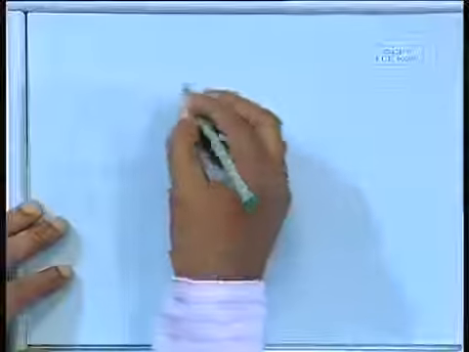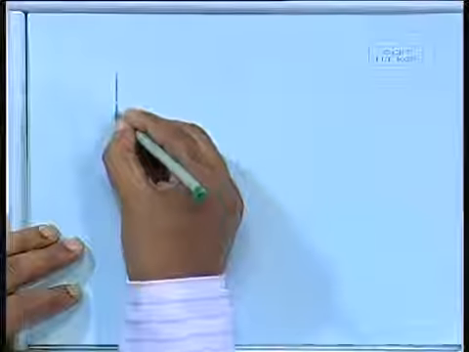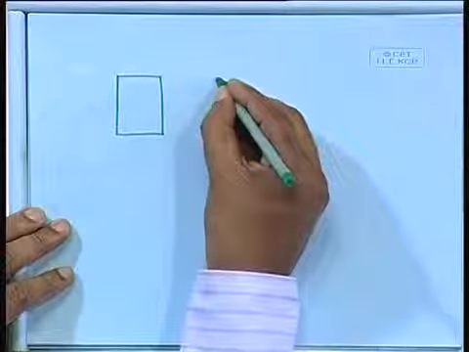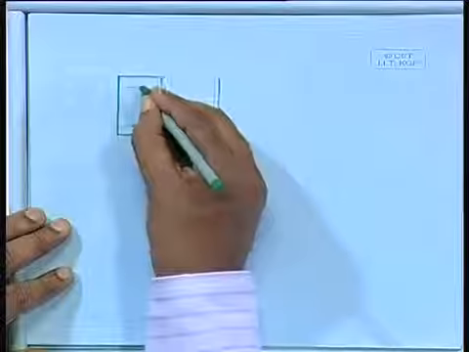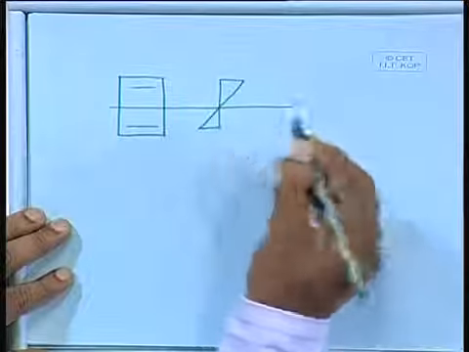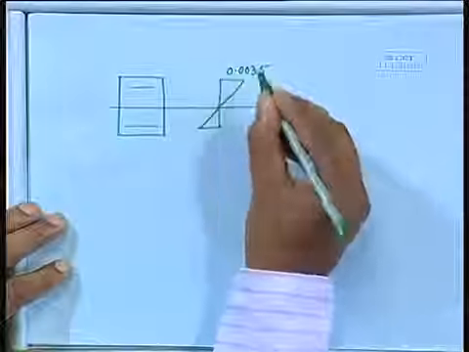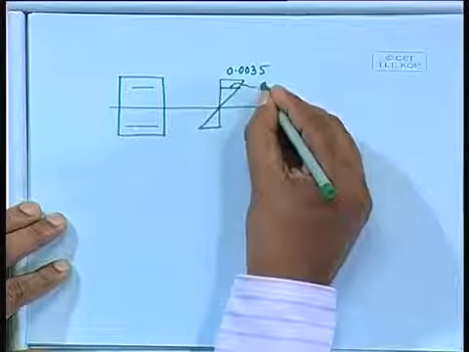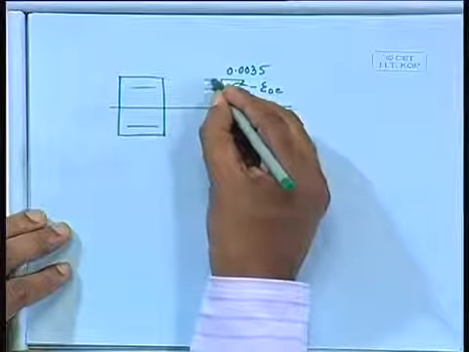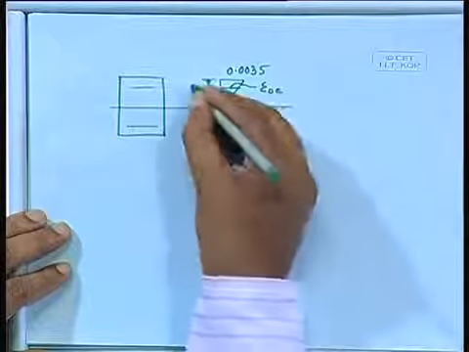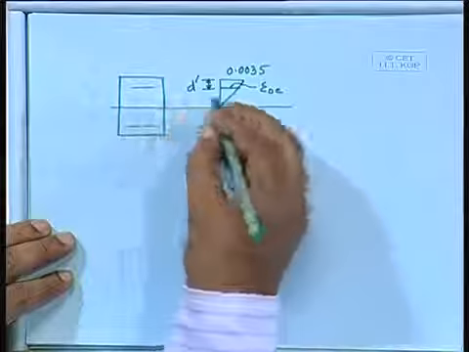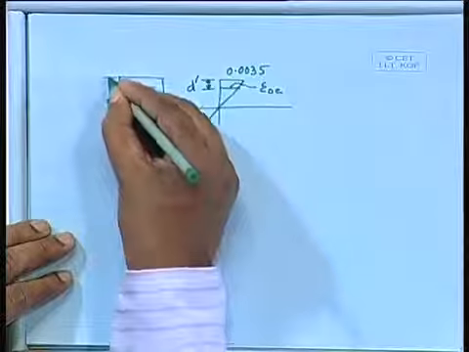We have to find out the strain. The section we are providing here, 0.0035, we have to find out epsilon sc, the strain in the compression side at the steel level, where we are providing the steel, that is at a distance d dash from the top fiber, and we have x.